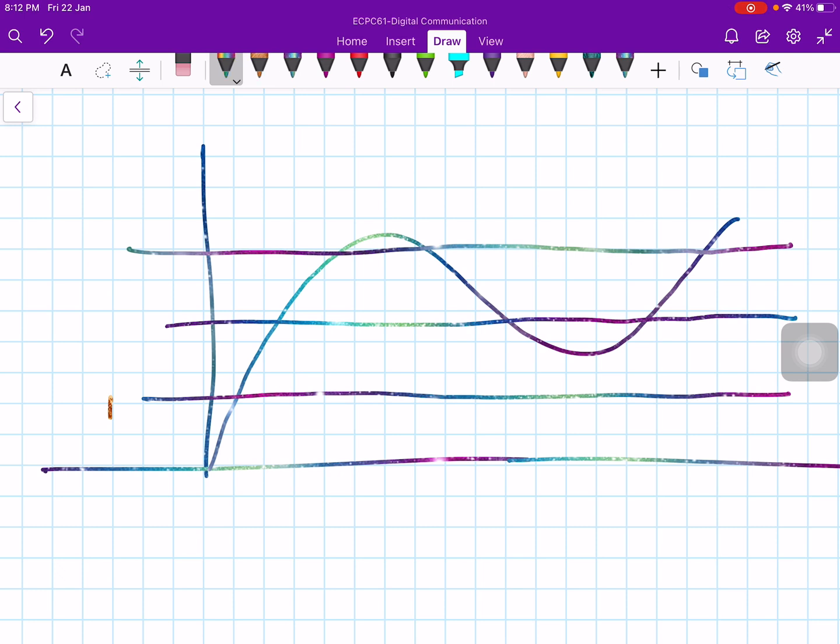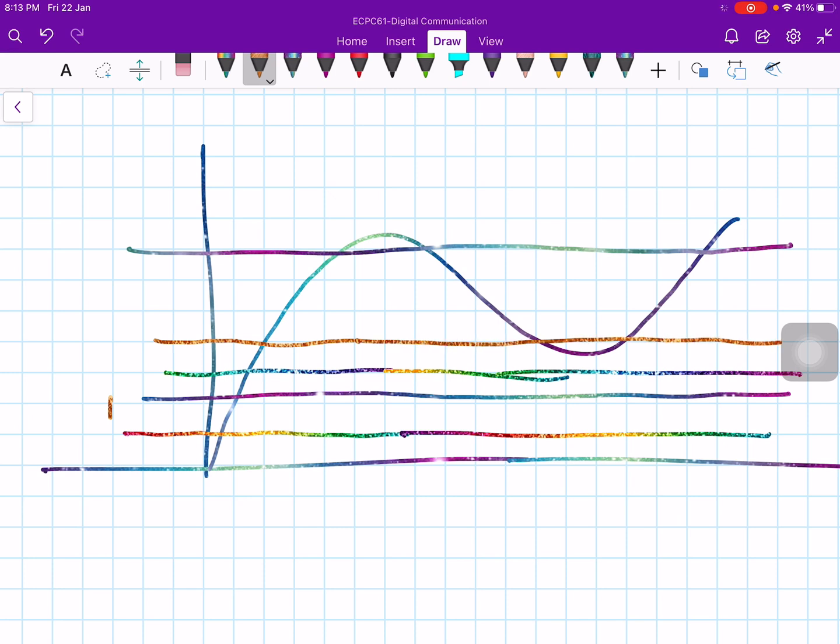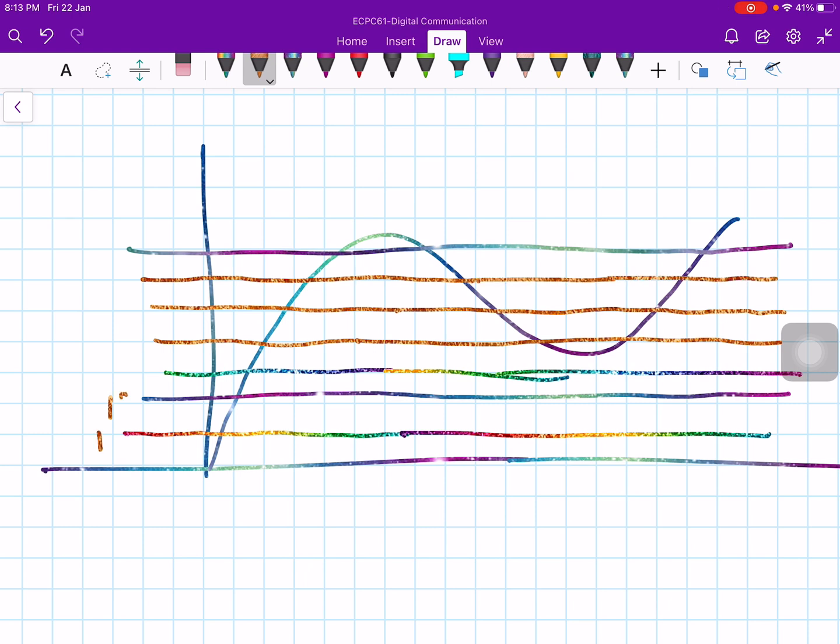Draw the lines like this. So this is 1 volt, 2 volt, 3 volts, 4 volts, 5 volts, 6 volts, and 7 volts.